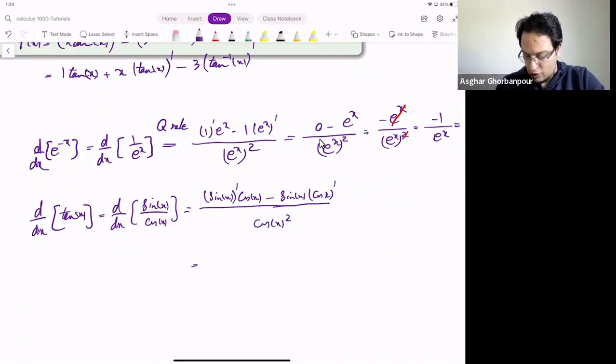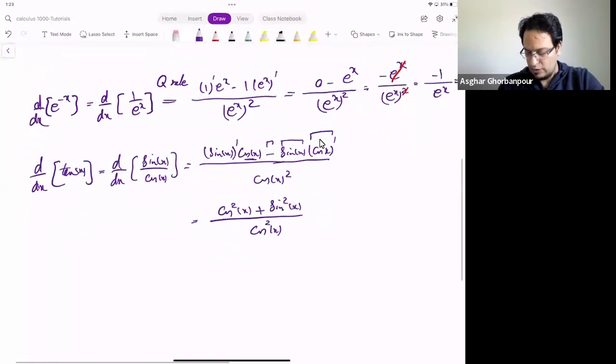The derivative of sine is cosine. There is another cosine here, so this will be cosine squared. The derivative of cosine is negative sine, times sine is negative sine squared. There is a negative sign, so this will be plus sine squared over cosine x squared. You can write it either there or there.